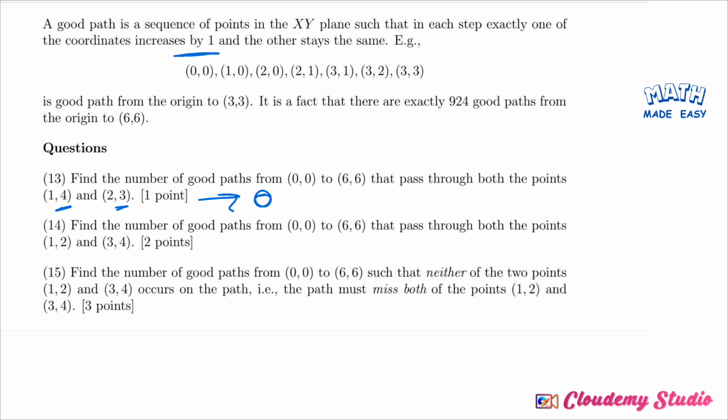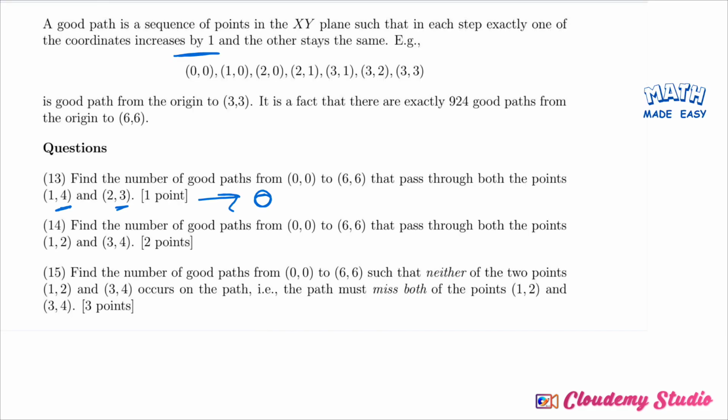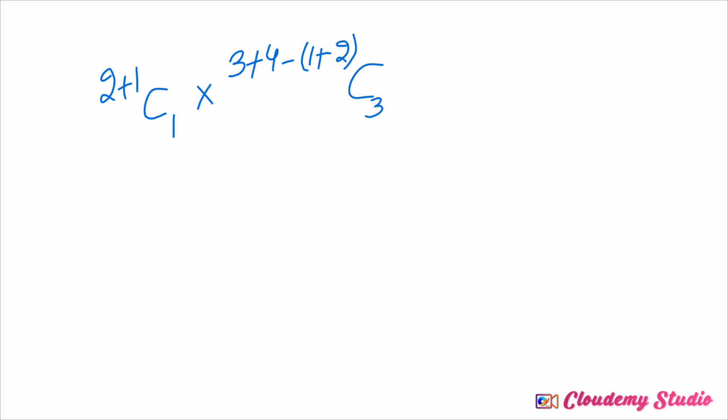So for the 14th, we'll have 2 plus 1 C 1, multiplied by 3 plus 4 minus 1 plus 2 C 3 minus 1, then 6 plus 6 minus 3 plus 4 C 6 minus 3.